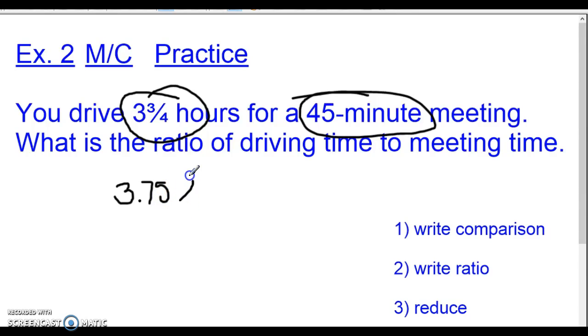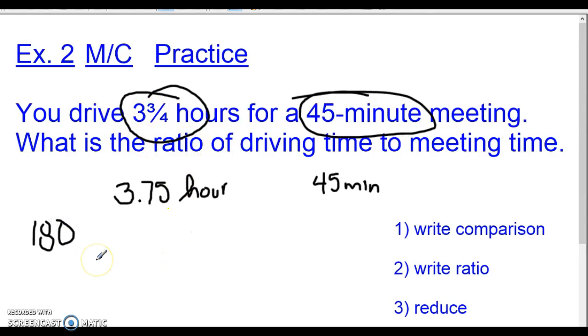That is in hours, and then I have this in minutes. If I want to compare these, I need to make sure that I have the same unit. So 3 hours would be 3 times 60, which would give me 180 minutes. And then 3/4 of an hour.